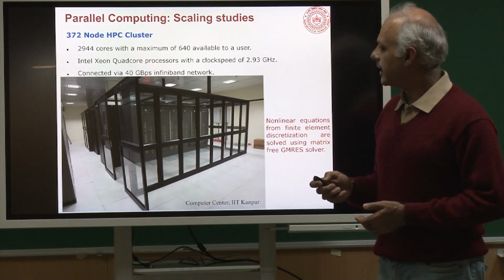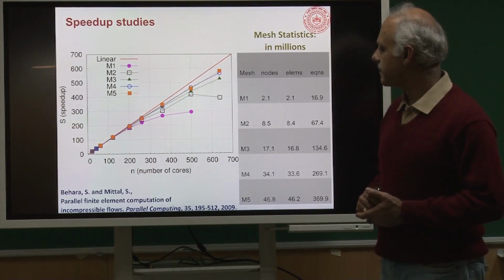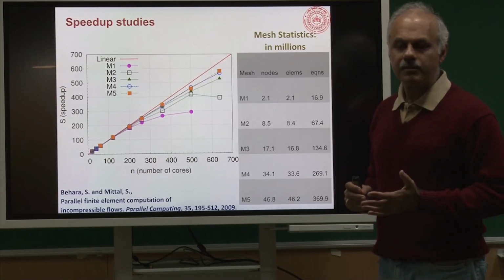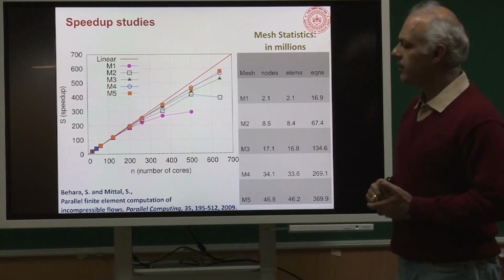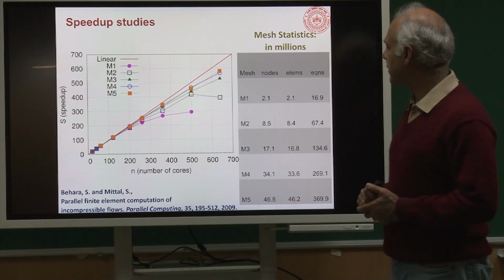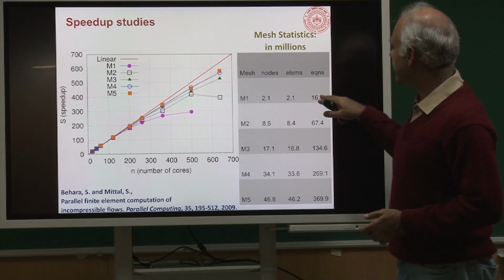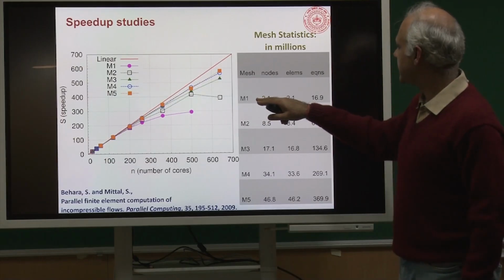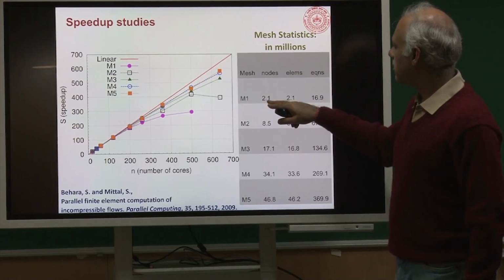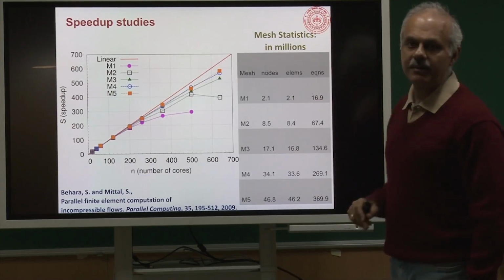Okay. So, in the next slide I want to show you some speed up studies. We took a problem and these are the various meshes that have been used to solve that problem. These are the number of nodes, elements and equations. For example, M1 is the coarsest mesh that has about 2 million grid points, which leads to about 17 million equations.